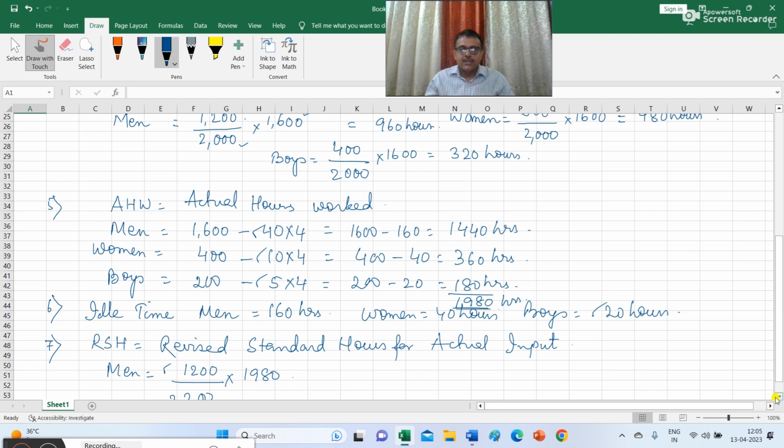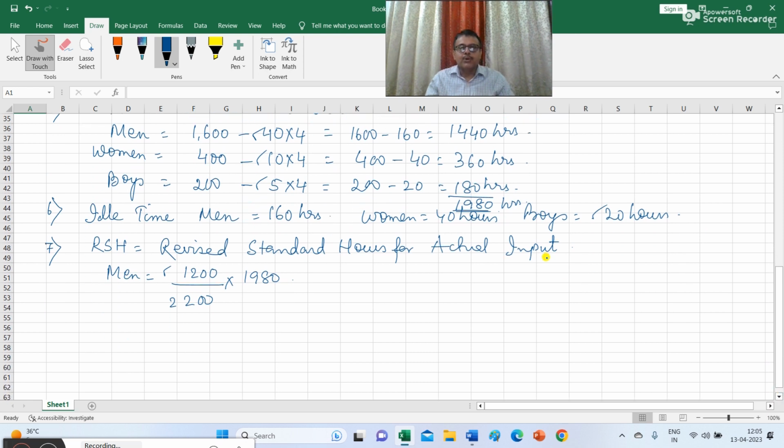So revised standard hour for actual input is 1,980. You are allocating this actual hours worked as per the standard hours. 1,980 is the actual hours worked by the gang, and 1,200 is the standard hours of men.